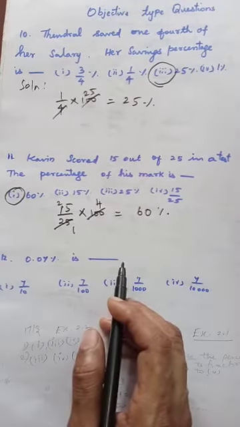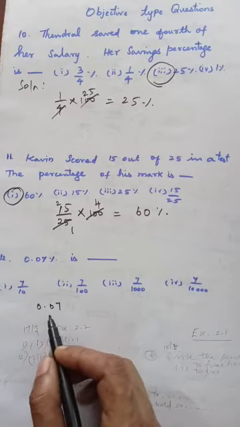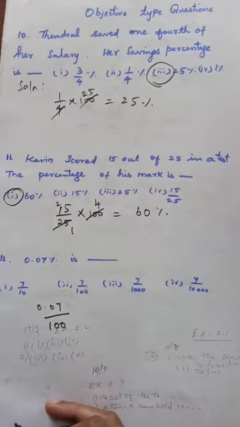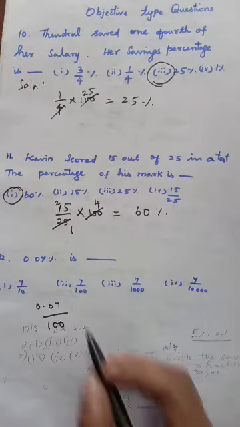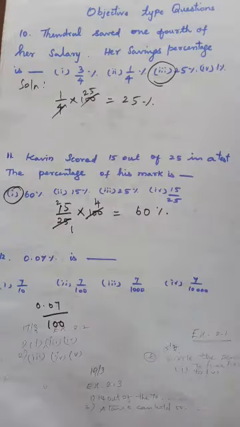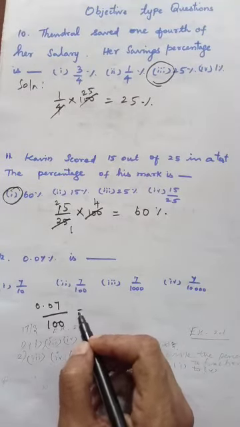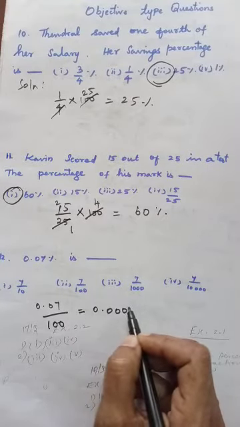0.07% is dash. Percentage means you have to write 100 in the denominator. So 0.07 by 100. Now you have to make this a fraction. So here it will come as 0.0007.